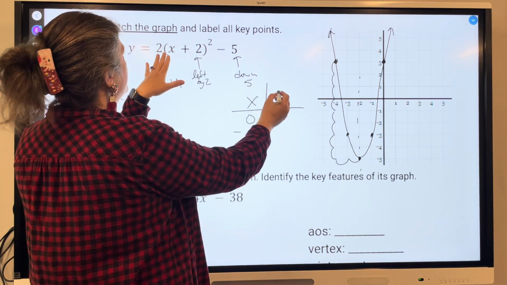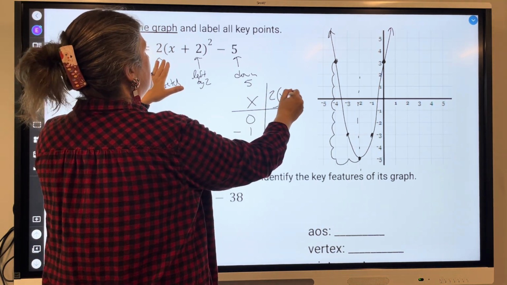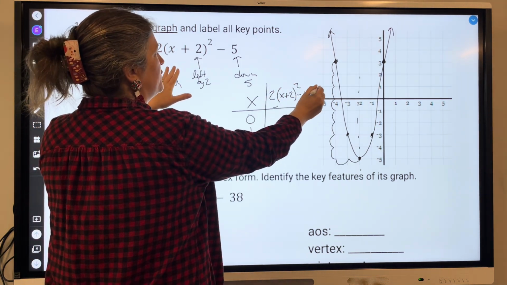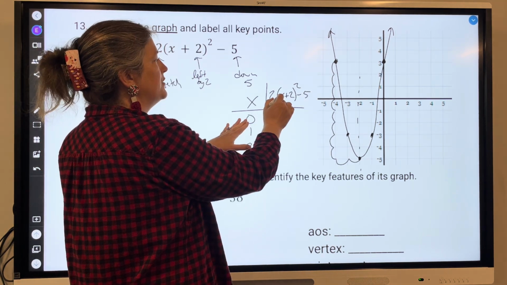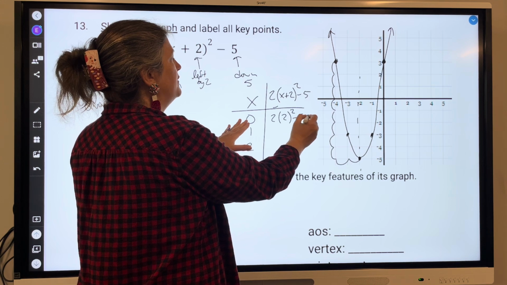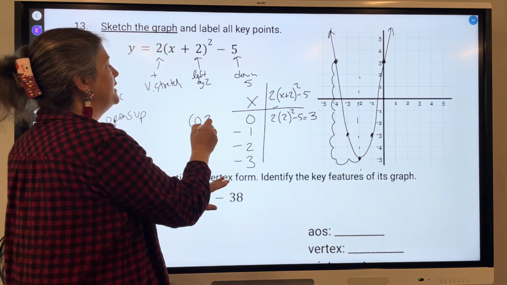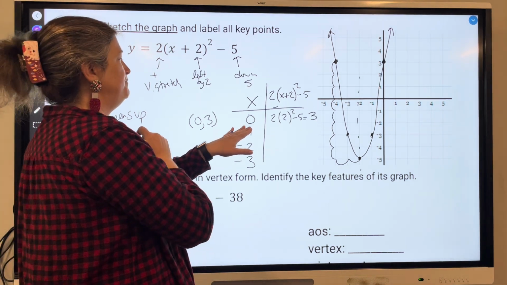So when I plug in 0, I am plugging it into 2 times x plus 2 squared minus 5. So when x is 0, I have 2 times 2 squared minus 5, which is 8 minus 5, which is 3. So the point 0, 3 is on my graph.